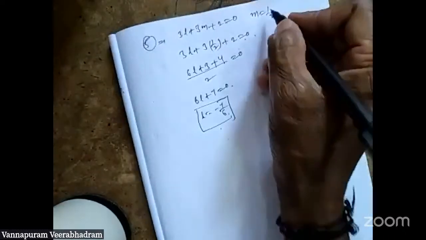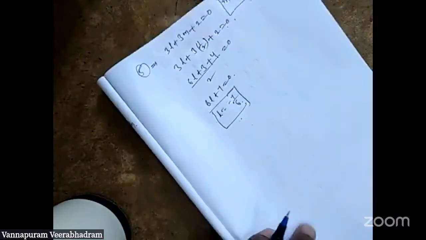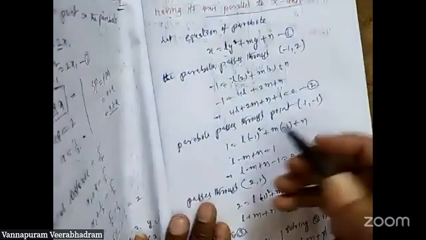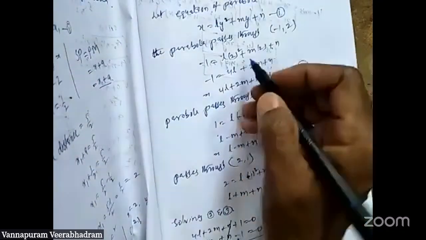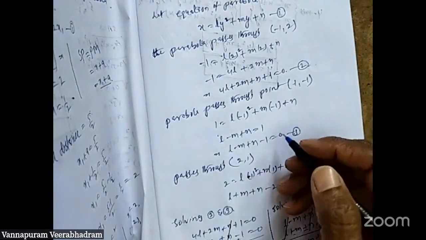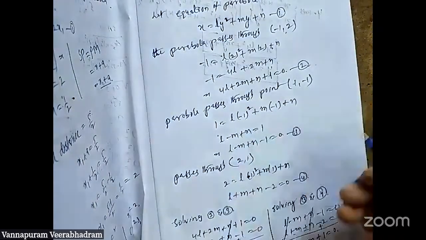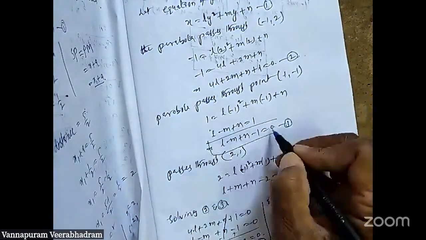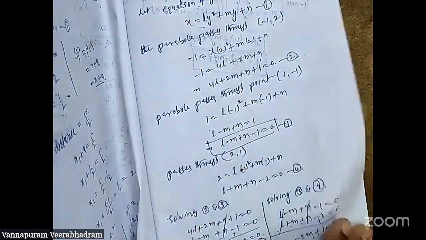We already have the M value. Now from equation 1, 2 or 3, we can find the value of N. So substitute in equation 3: L minus m plus n minus 1 equal to 0.